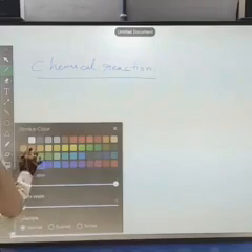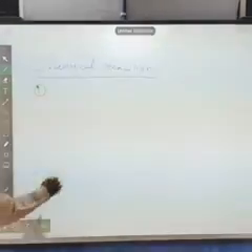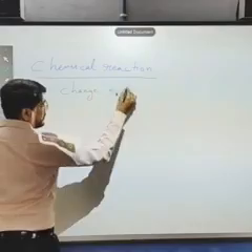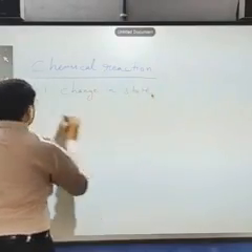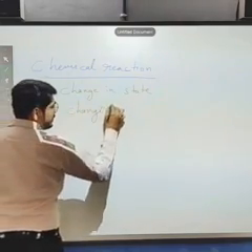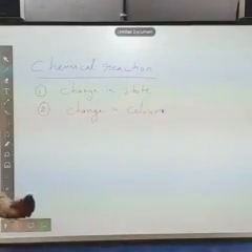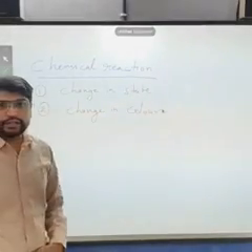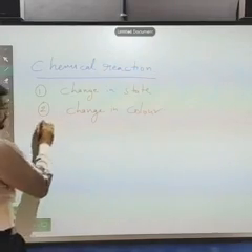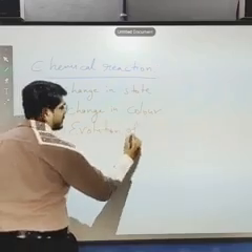From the activities, number 1 was a change in state. Second, there may be a change in color, where I added 2 liquids that were both colorless and they converted into a yellow color. The third point was evolution of a gas. Very, very important: evolution of gas.